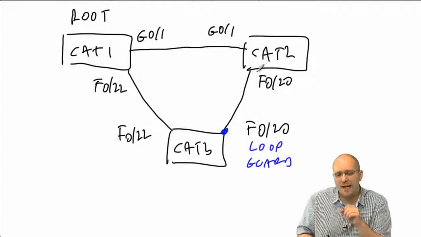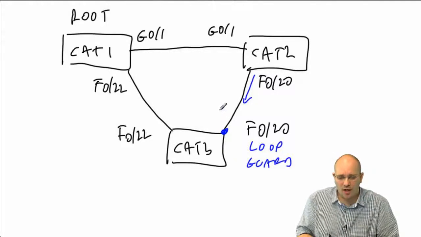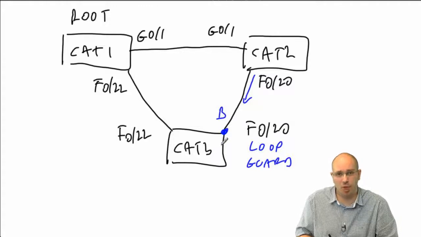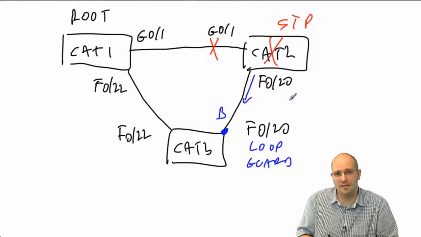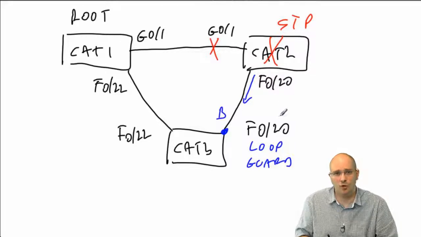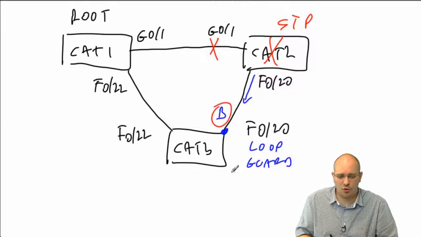So how can I create a sudden loss of BPDUs here while keeping this port in a blocking state? Well, one of the things that I could do, I could shut this link down and turn off spanning tree on this switch here. But no matter in which order I do this, this port is going to transition into some different state.